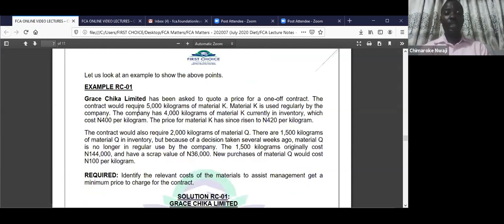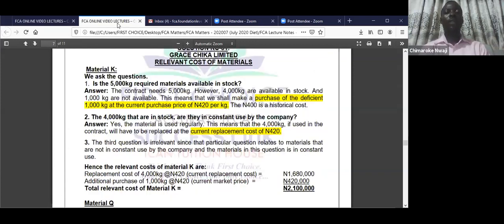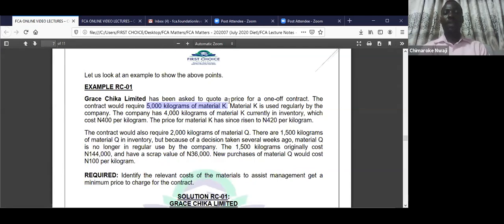We look at the fact that this contract would require 5,000 kilogram of material K. So we ask ourselves, is the 5,000 kilogram required material available in stock? Let's see. We are told that the company has 4,000 kilogram of the material in inventory.